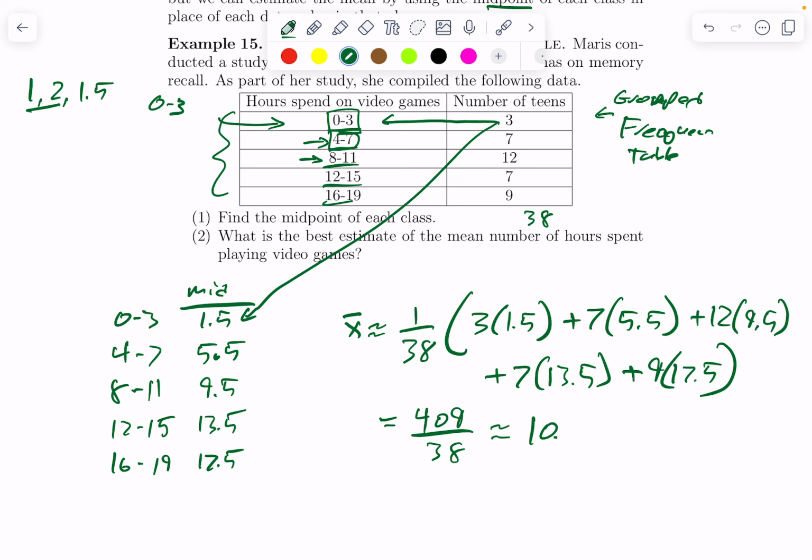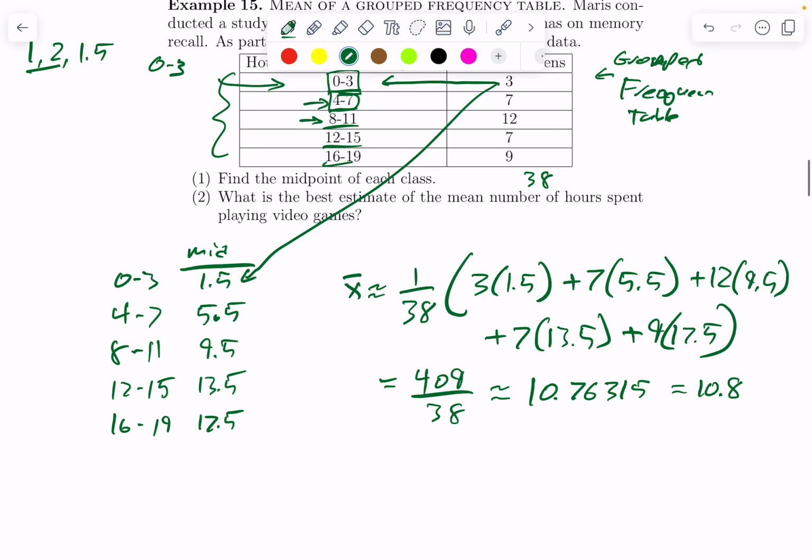We'll go ahead and say 7.8. So I had 7.6315, and so I'm going to round it to 7.8. I'm going to assume that they just gave you the number of hours as an integer. And so I round it one more than that.